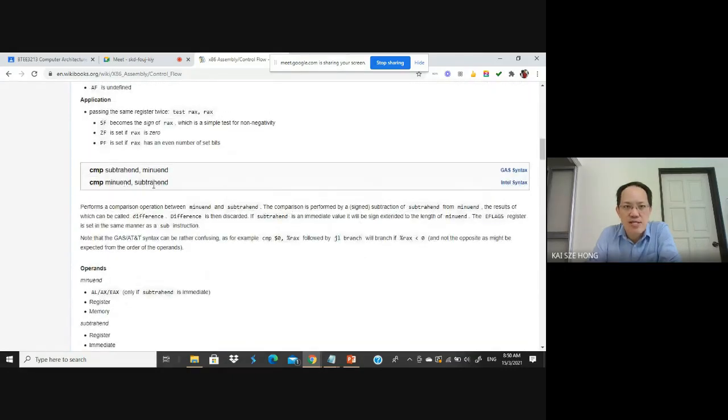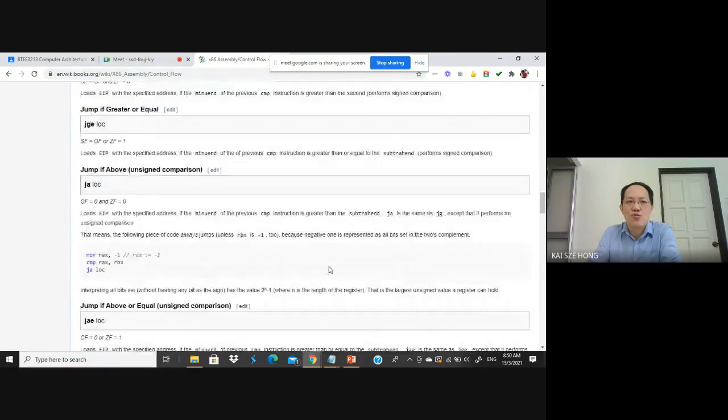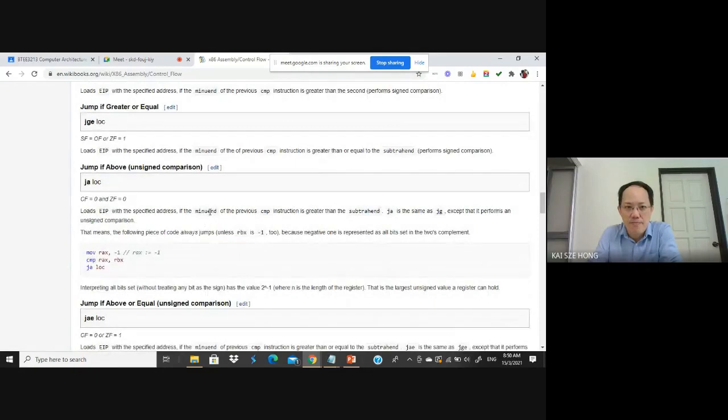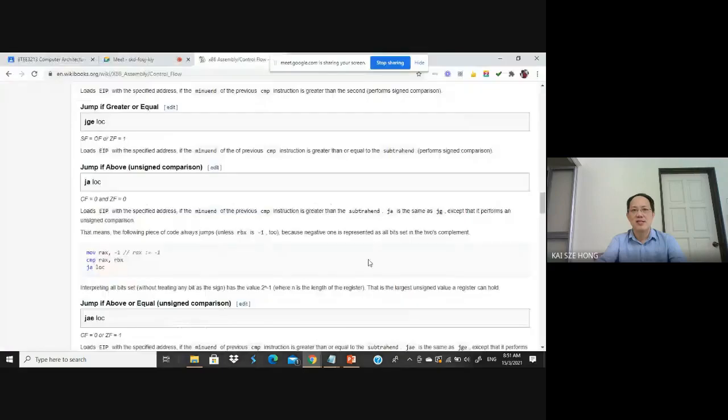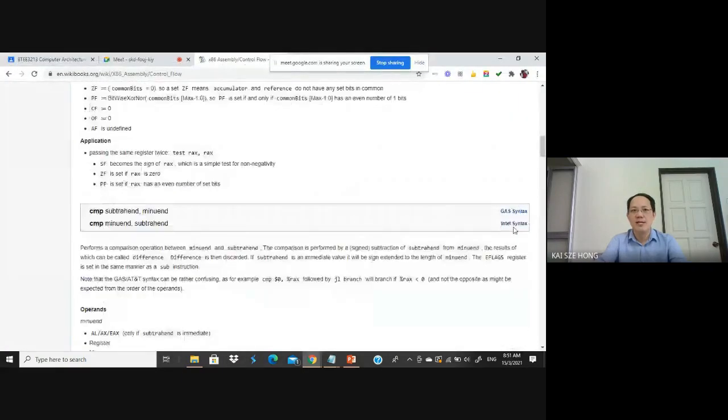If the minuend is greater than the subtrahend, it will jump above. So jump if above, if the first operand of the previous compare instruction is greater than the subtrahend. Yes, it will jump. So am I answering your question? Compare RAX and RBX. If RAX is more than RBX, then you jump above. Brenda, have I answered your question? This one is for the Intel syntax.